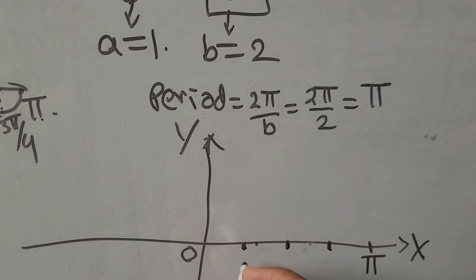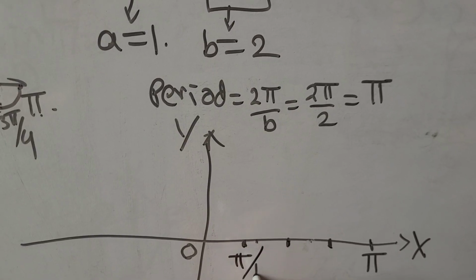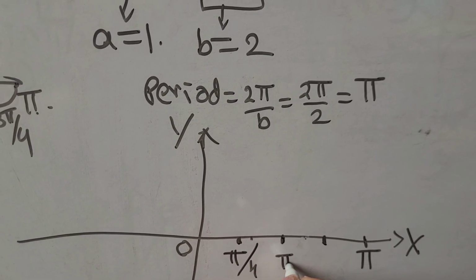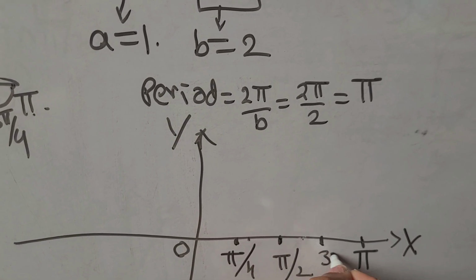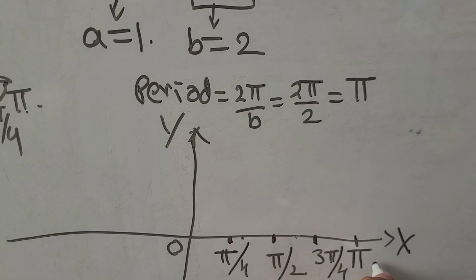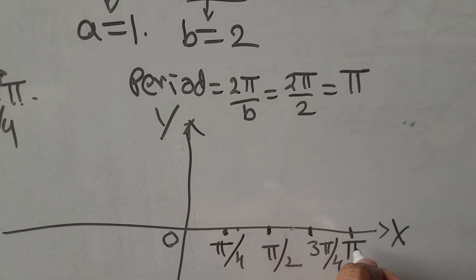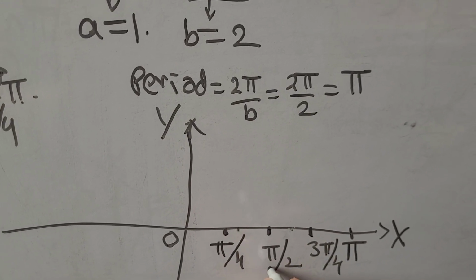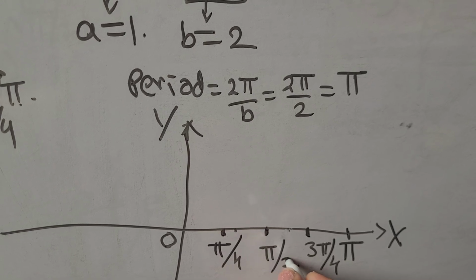So I consider this as pi by 4, and this is pi by 2, this is 3 pi by 4, and this is 4 pi by 4, which is pi. Okay, and 2 pi by 4 becomes pi by 2.